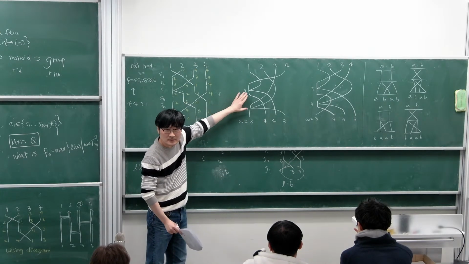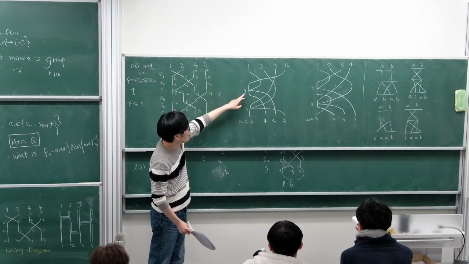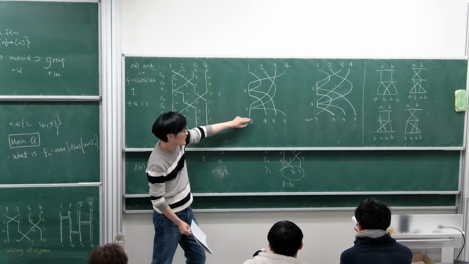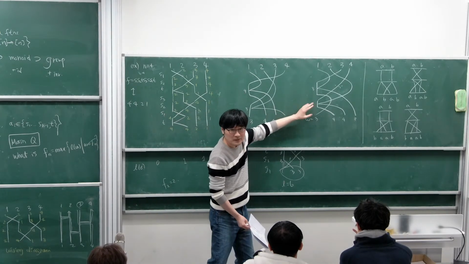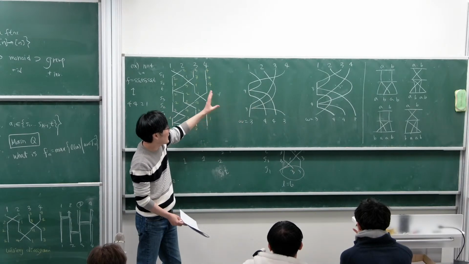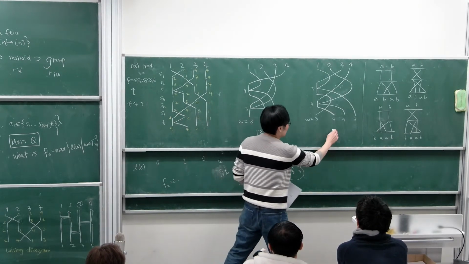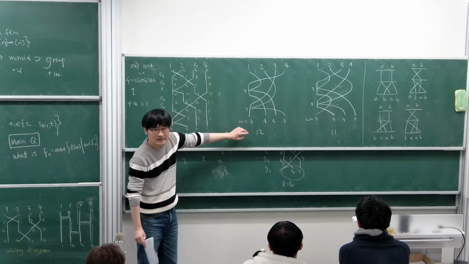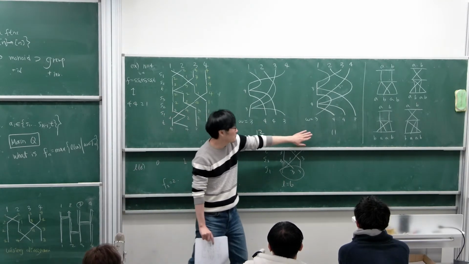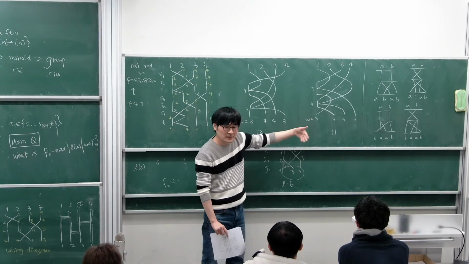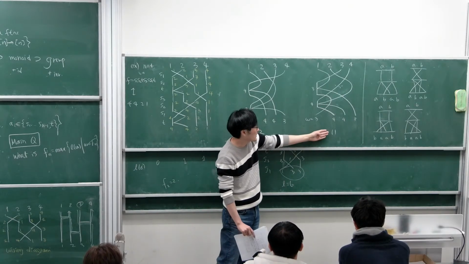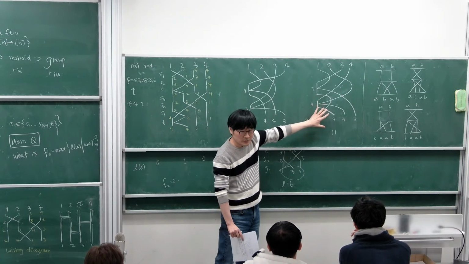So these are different merging sequences, right? I merged 4 first and then 3 later, and then here I merged 3 and 4. If you count the number of mergings and number of crossings, then this is actually 12. This is 11. So this is bad. This is not the right way because the length is the minimum number of generators needed. So this is actually the right reduced word.